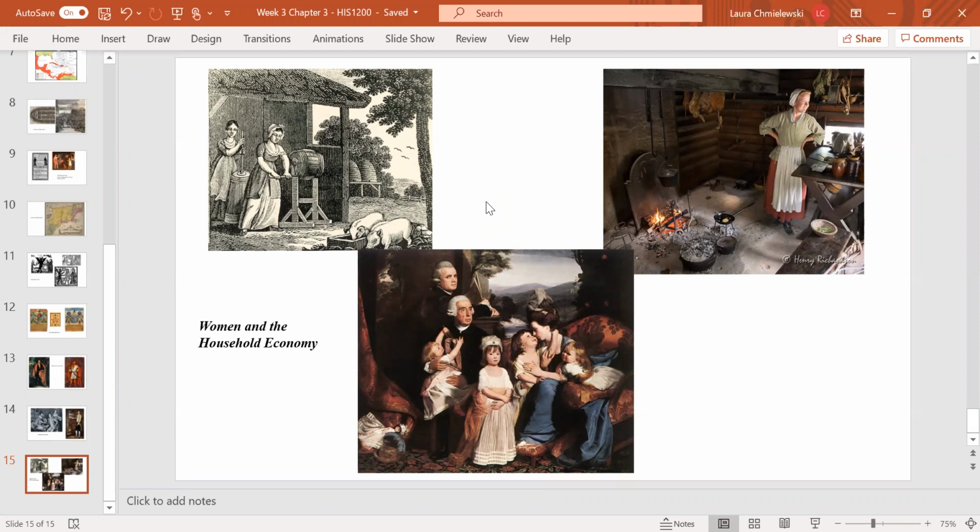And they're doing all of this in structures that barely qualify as houses. They are not housewives. They don't have enough stuff to make them housewives.